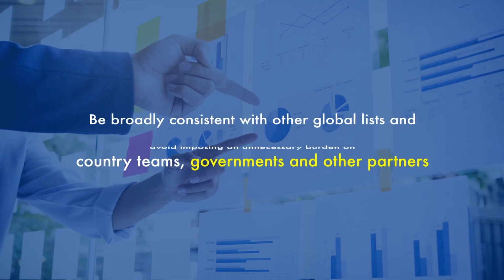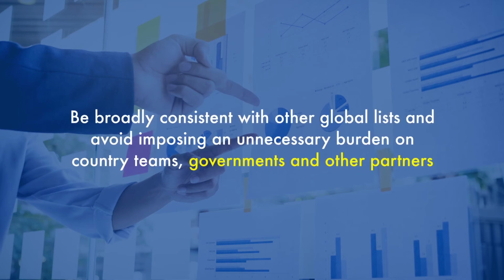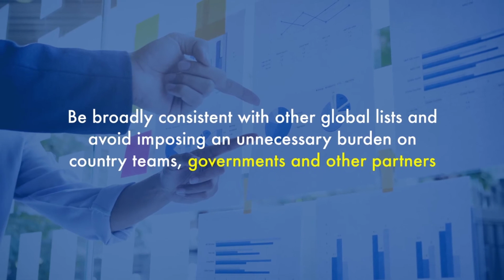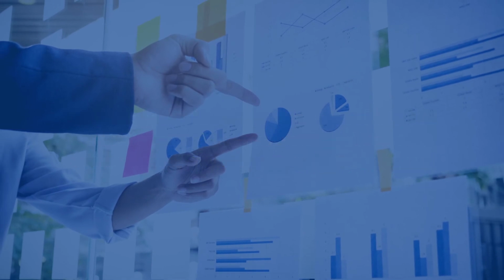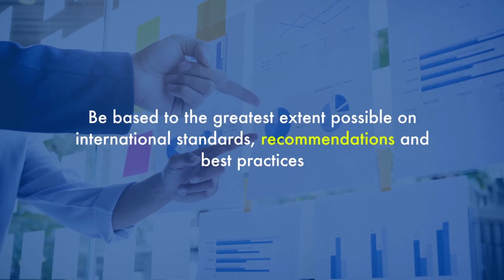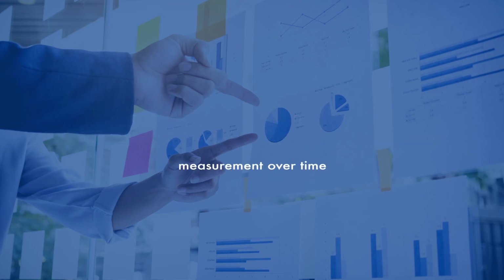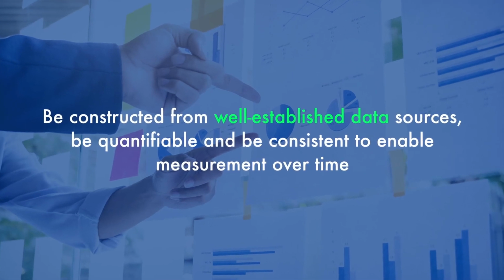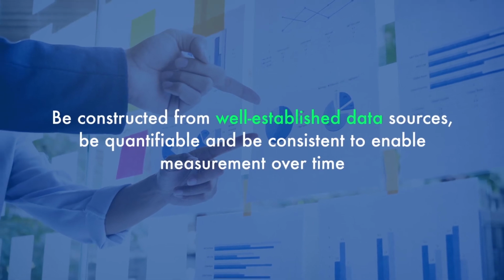It was broadly consistent with other global lists and avoided imposing unnecessary burden on country teams, governments, and other partners. It was based, to the greatest extent possible, on international standards, recommendations, and best practices, constructed from well-established data sources, quantifiable and consistent to enable measurement over time.